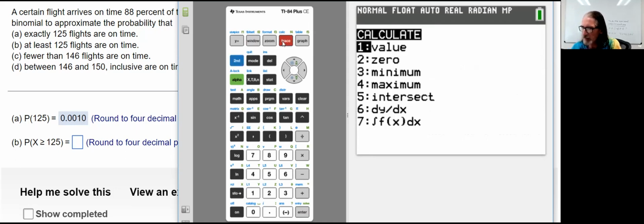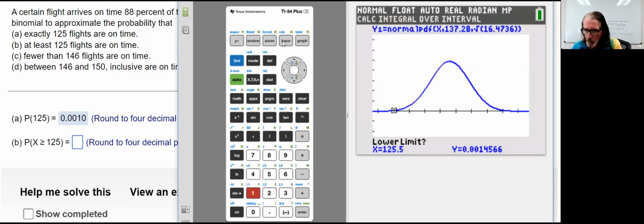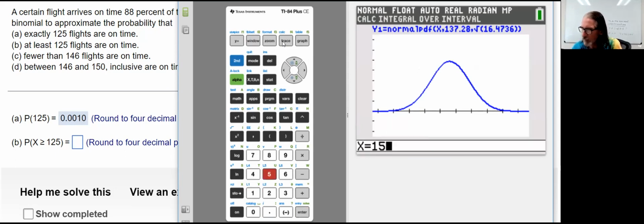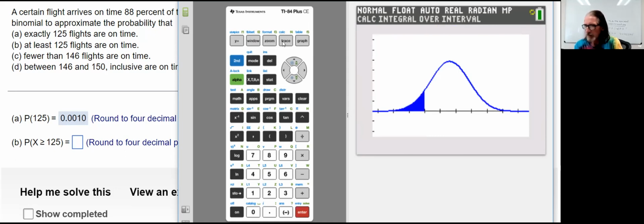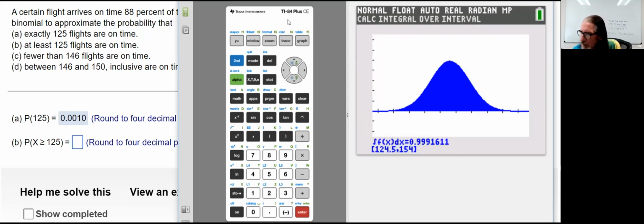Let's see what happens. 124.5 with the continuity correction up to 154. Now we're getting our drawing. That's quite a bit shaded, and we're getting a pretty big number there.